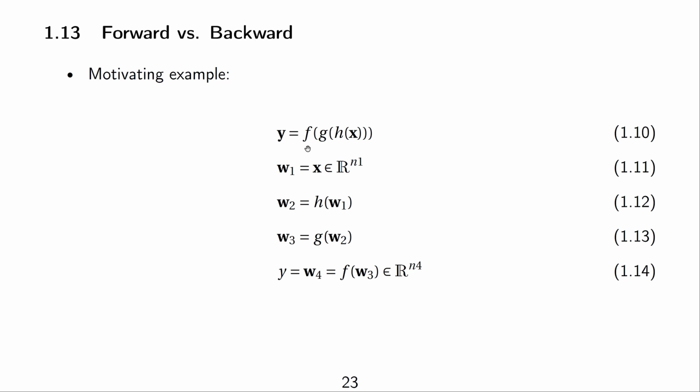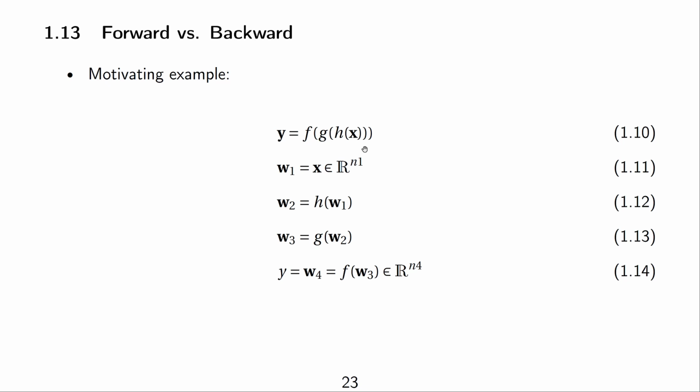We'll have a function that takes as input a vector x and as output produces a vector y. And it's this nested function, so we'll first apply h to x, then g to the intermediate output, and then f to this intermediate output.